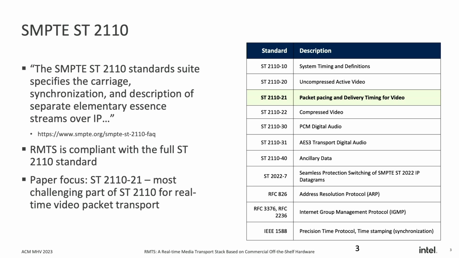So if you're moving many cameras with that kind of video, it's quite challenging. And the part that makes it really hard is a part of this very complex standard called ST2110-21, which enforces all of this timing. And that's what I'm going to talk about today.